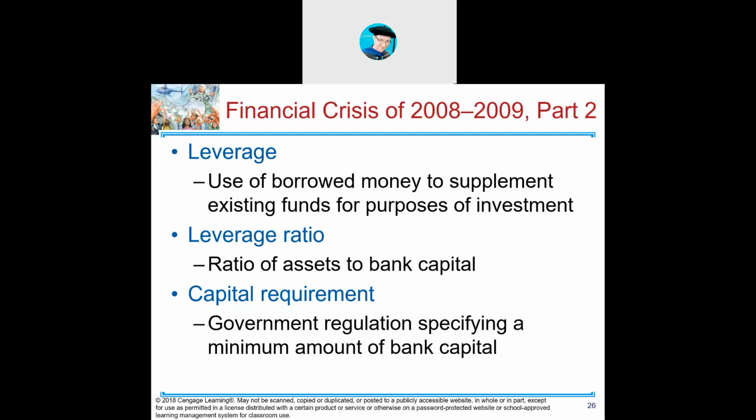To understand leverage, we look at assets through a leverage ratio. And this leverage ratio is total assets to bank capital for a bank, of course. And so that leverage ratio gives us an idea of the bank's ability to have leverage in investments.